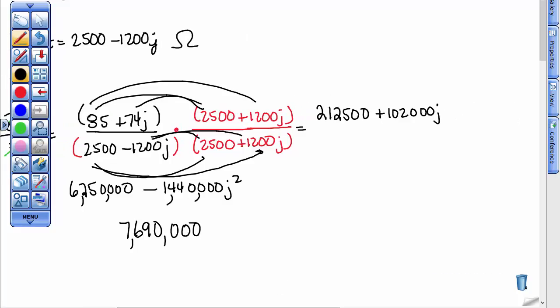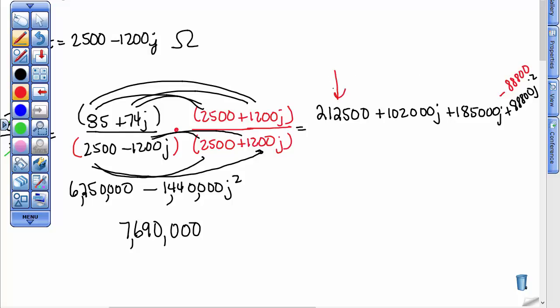Now I have 74 times 2500, and it's also a j term, 185,000J. And then finally 74 times 1200, and that's a j times j, so that's a j squared, and it's a positive 88,800. Remember, it's j squared. So that will become a minus 88,800 to add to this.